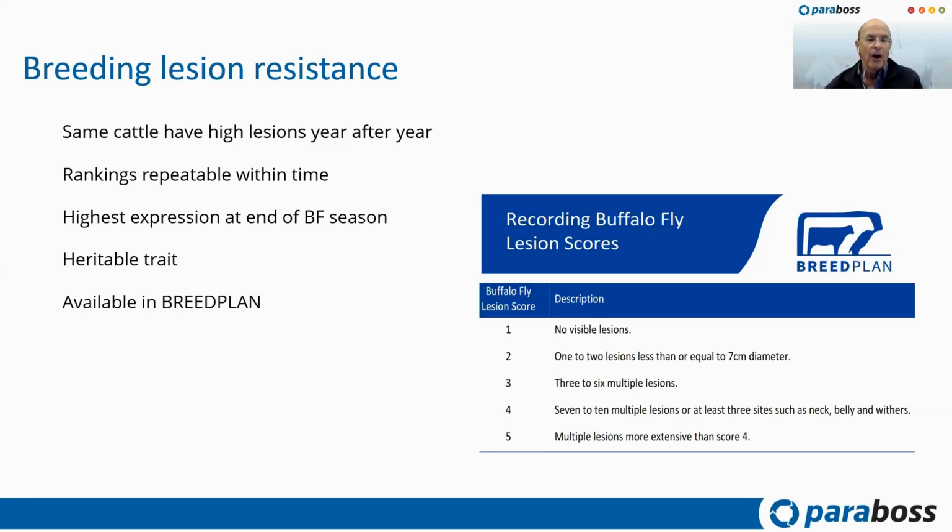The other thing to note is that now in Breedplan, there is a system for recording buffalo fly lesion scores. And so for those of you who are using Breedplan, you can now upload your lesion scores to Breedplan, and when there's enough records in there to give good estimates of breeding values, that will become available in Breedplan as well.